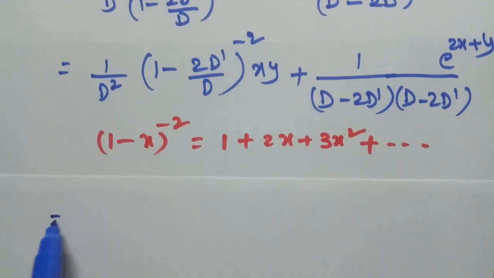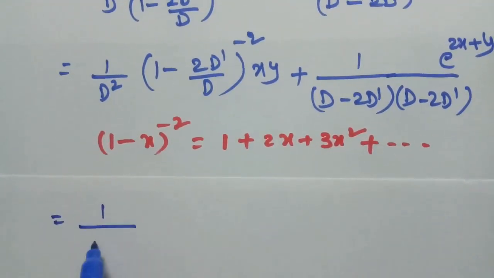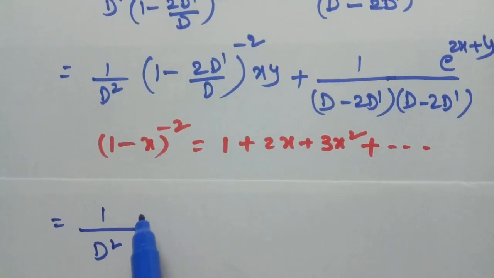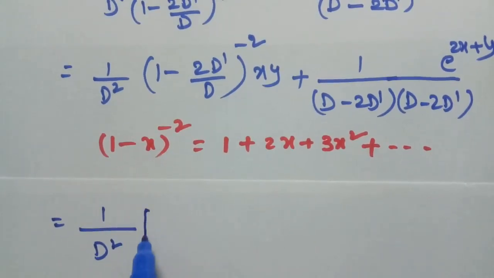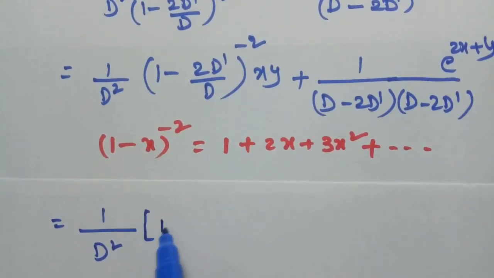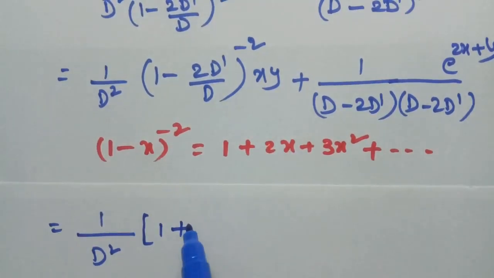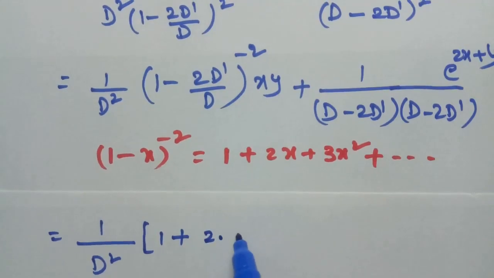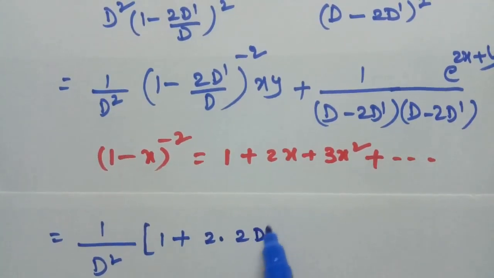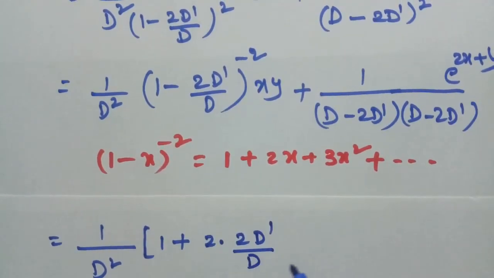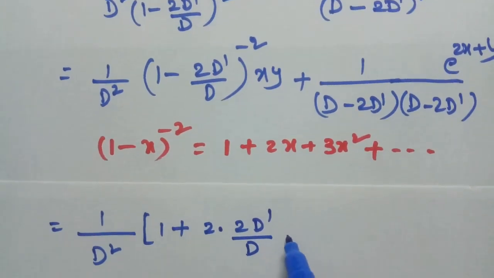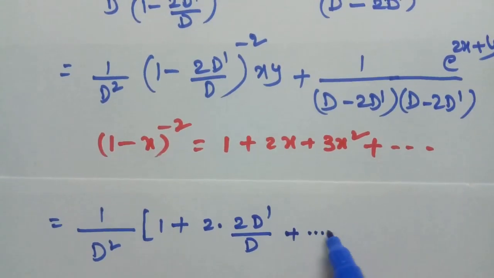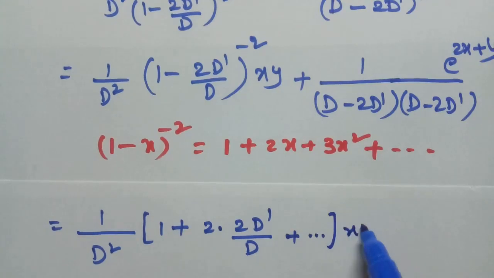This is equal to 1 by D square into 1 plus 2x, that is 2 into x, 2D dash by D, plus and so on, into xy.